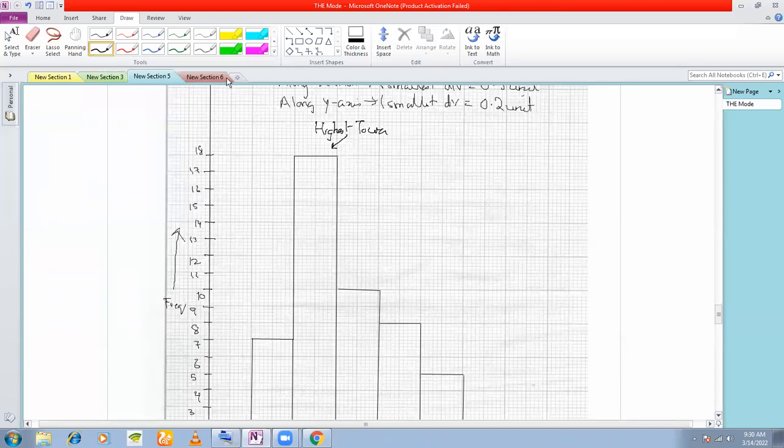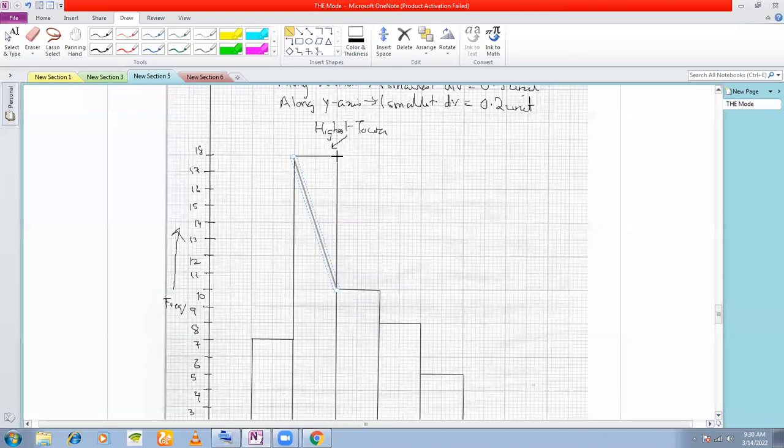Now from the left hand corner of the highest tower, this is the point here. Take both the points of the tower. These two are the points, right? From the left hand point of this tower, join it to the left hand point of the tower to the right, right?